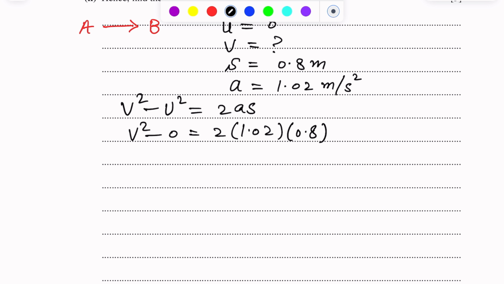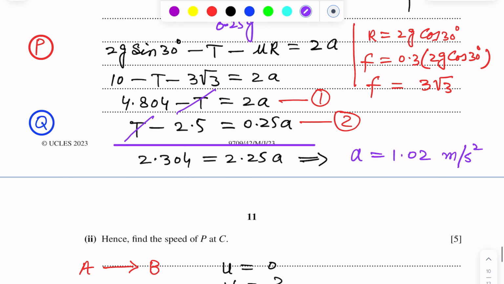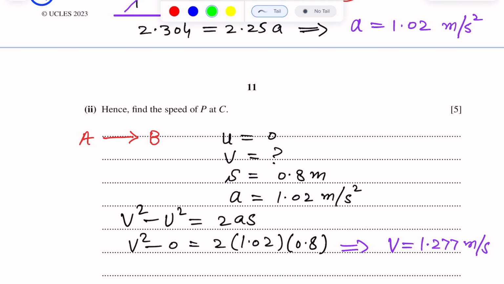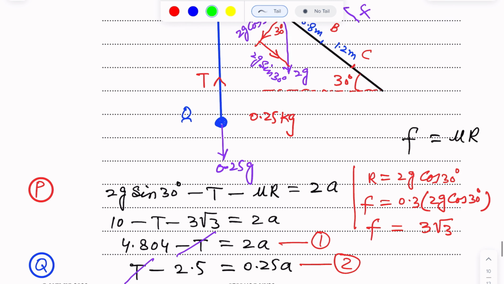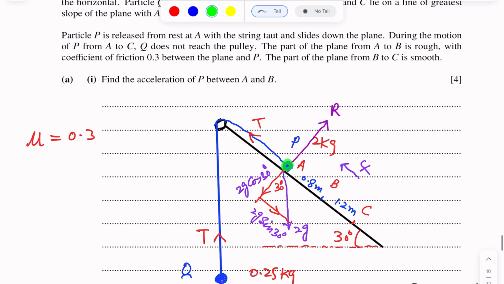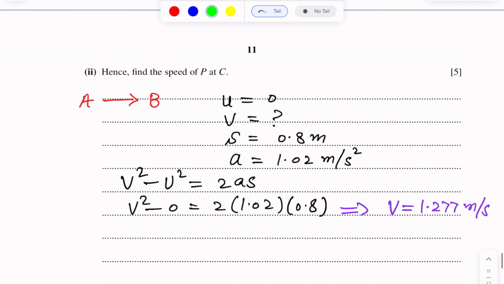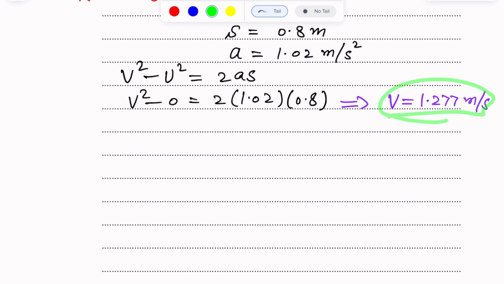After simplifying, we get the value of v from here. v is equal to 1.277 meter per second. This is the speed of particle P at B. At point B, the speed is 1.277 meter per second.